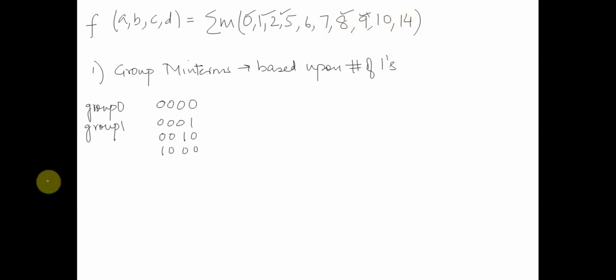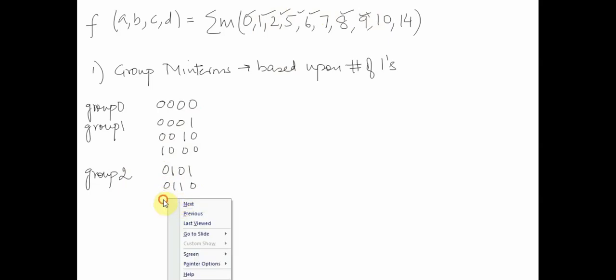So now let's go to group 2 where we have 2 ones. 5 has 2 ones, 6 has 2 ones, 9 has 2 ones, and 10 has 2 ones. 9 and 10 are done.